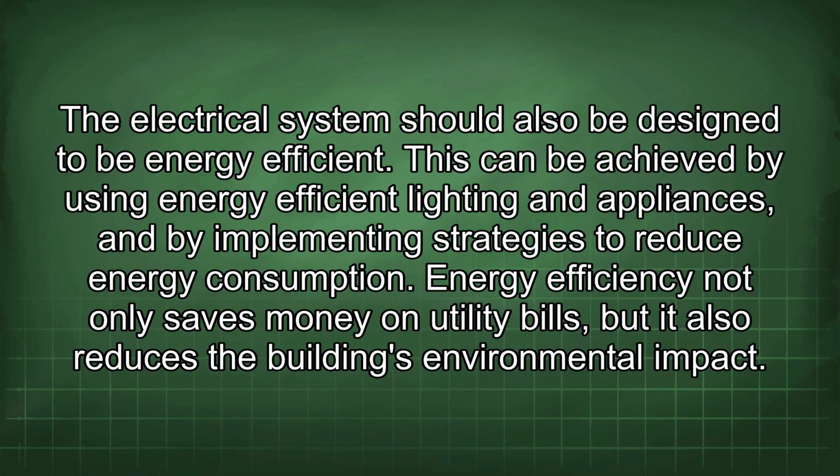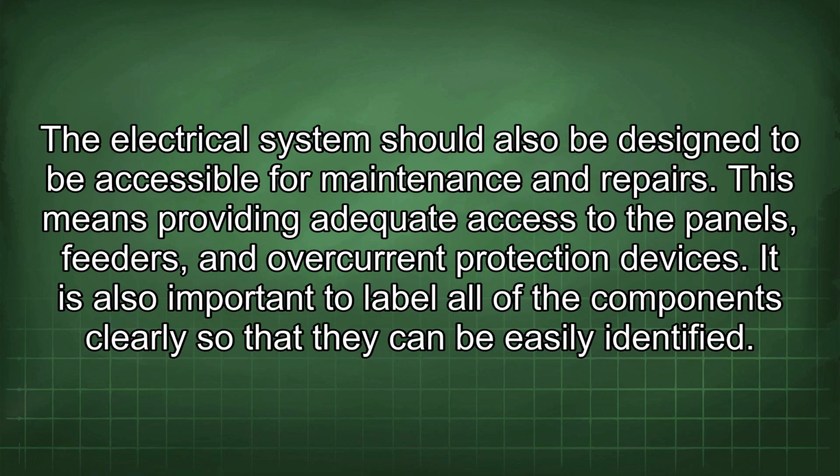Energy efficiency not only saves money on utility bills, but it also reduces the building's environmental impact. The electrical system should also be designed to be accessible for maintenance and repairs. This means providing adequate access to the panels, feeders, and overcurrent protection devices. It is also important to label all of the components clearly so that they can be easily identified.